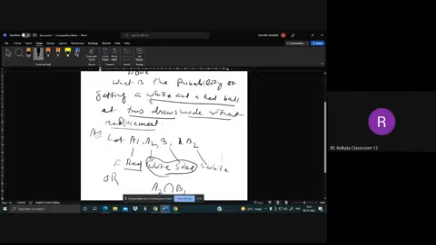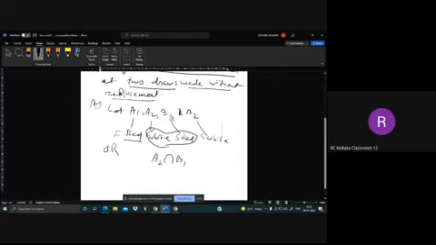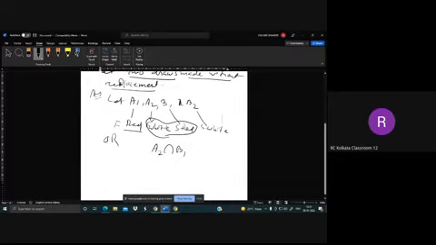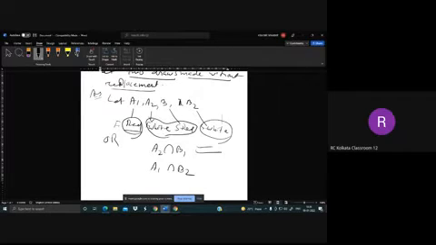It says find the probability of getting a white and a red ball. So either you get red and white or you get white and red, both are favorable conditions to you. So this is one favorable condition. Another favorable condition is A1 intersection B2. Yes or no? Are you getting my point? This is my red and this is my white.